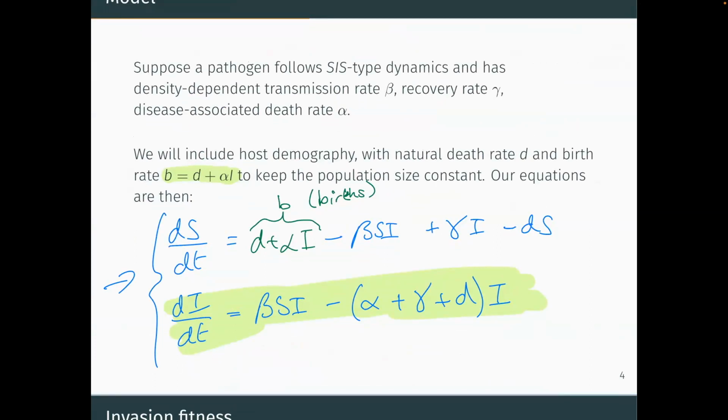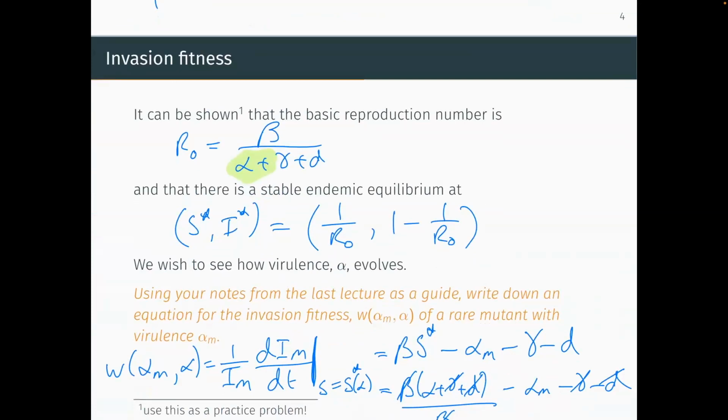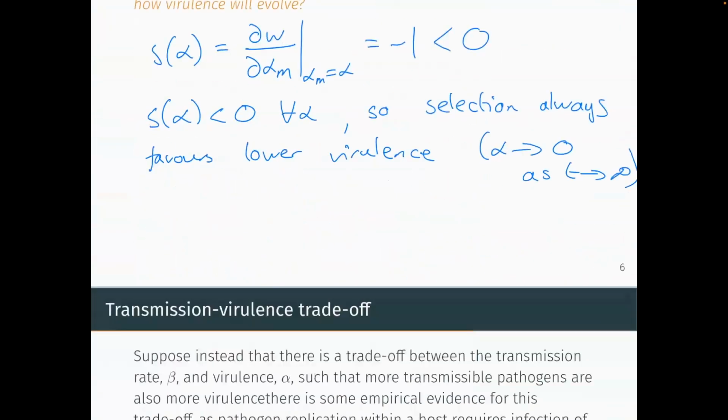What we're changing are these traits and the relationship between them. So our underlying R0 is the same, and our underlying stable endemic equilibrium is the same. The only difference with that R0 now is that beta is now a function of alpha. Fundamentally, structurally, nothing else has changed.